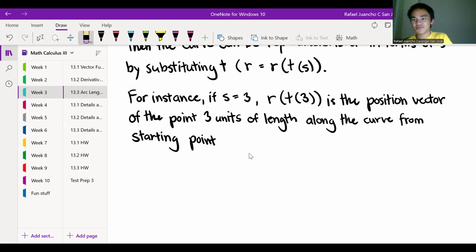So that's really cool because we can reparameterize, and now we know the length of the curve, because we know S. S is 3.